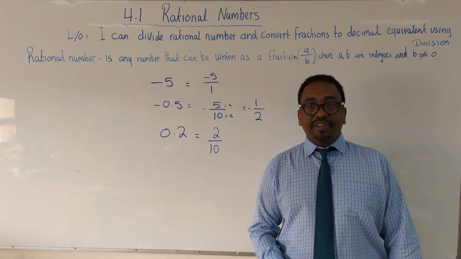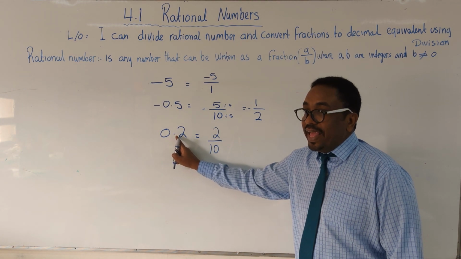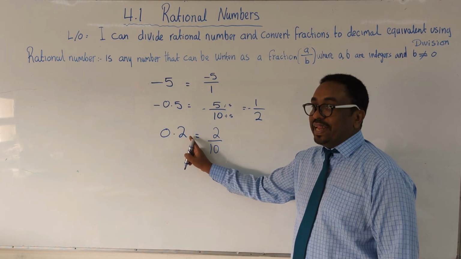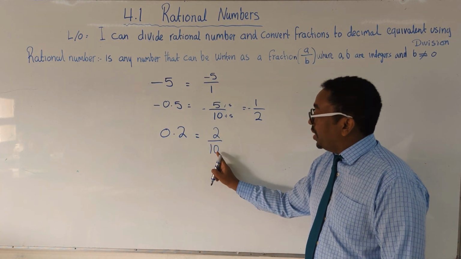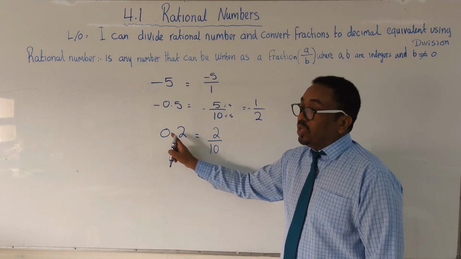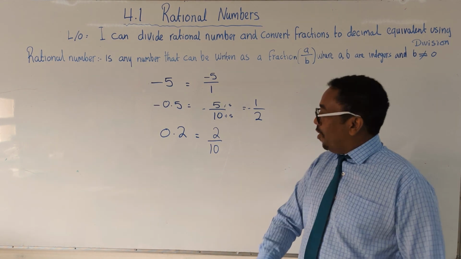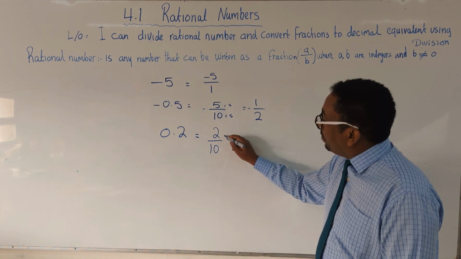So I will write the 2 and I will divide by 10. Are you with me, girls? So divide by 10. If the number has 1 decimal, this means divide by 10. That's why I write the 2, ignore the 0, and put the 10 here, because 2 divided by 10 is 0.2. You guys get that? Alright. So now we can simplify this by dividing both sides by 2.